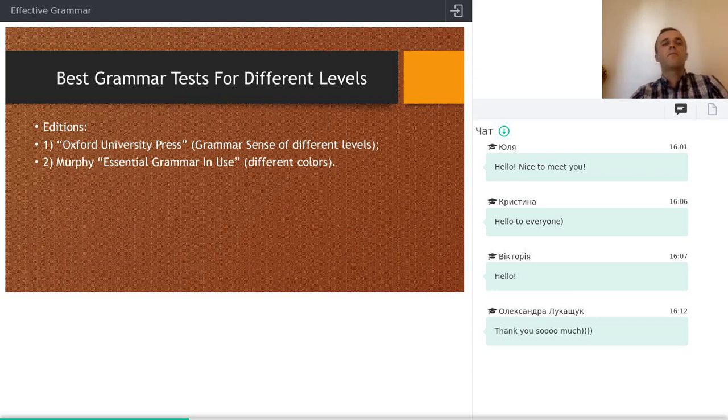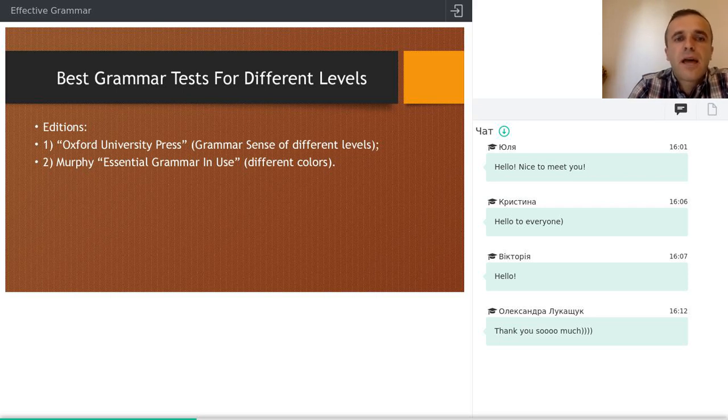Also, to cement everything in memory, I would advise you to use Oxford University Press. I also made up a separate folder for you, and you can use all Grammar Sense depending on the level of student.